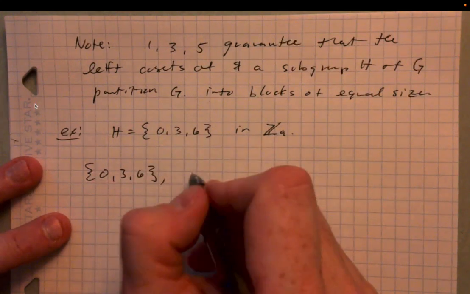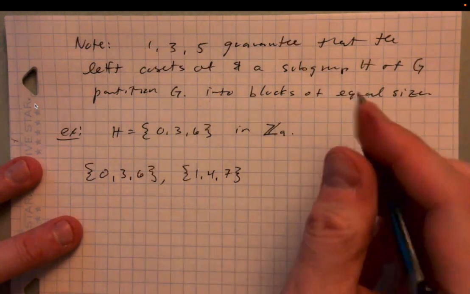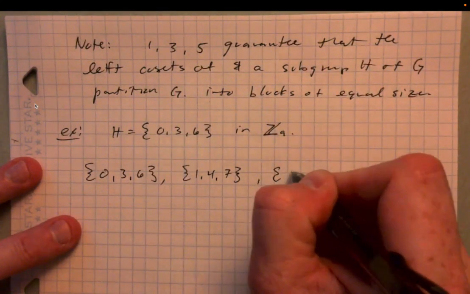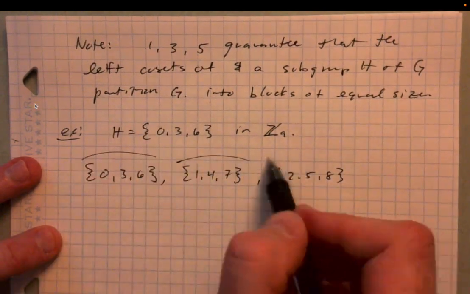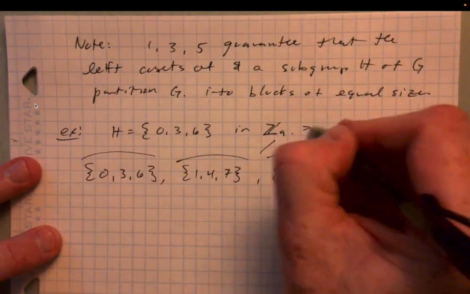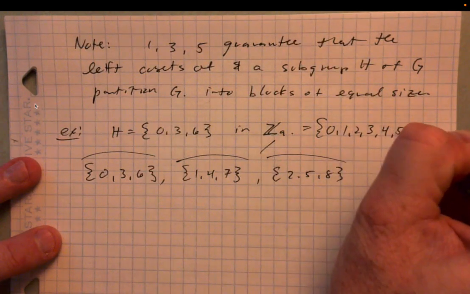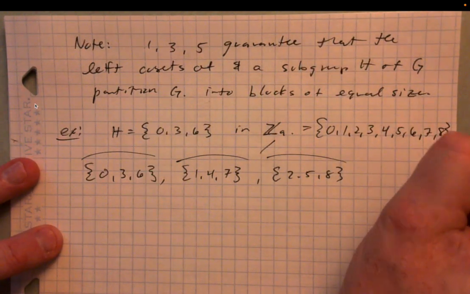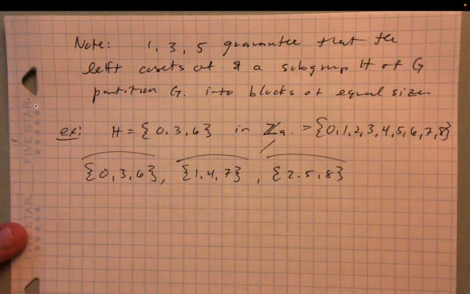The second was 1, 4, and 7. And then the third was 2, 5, and 8. So these form a partition of Z9. Remember what Z9 is: 0, 1, 2, 3, 4, 5, 6, 7, 8. And so these partition Z9 down.